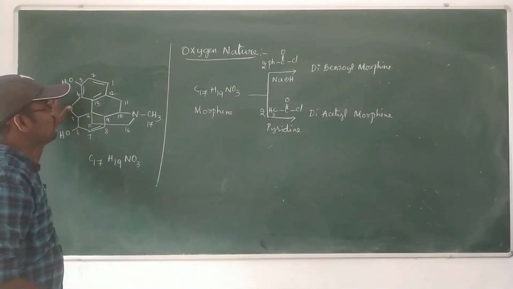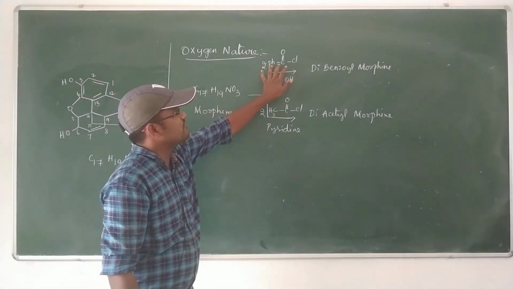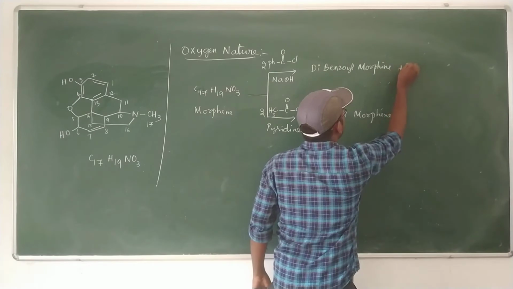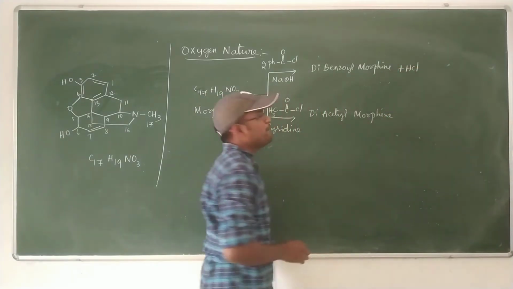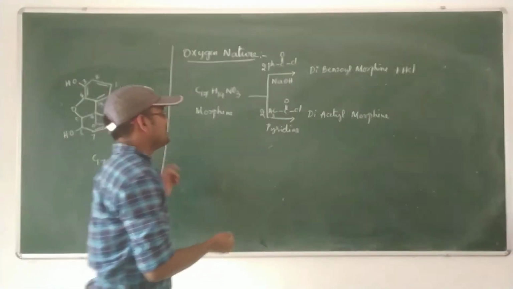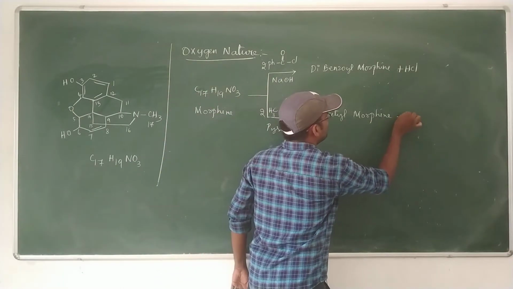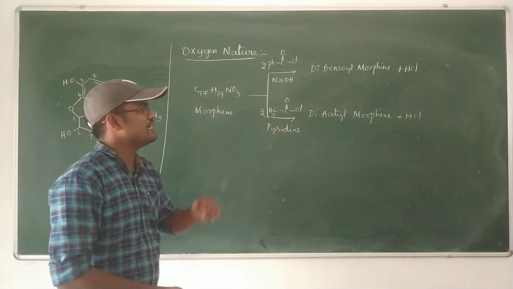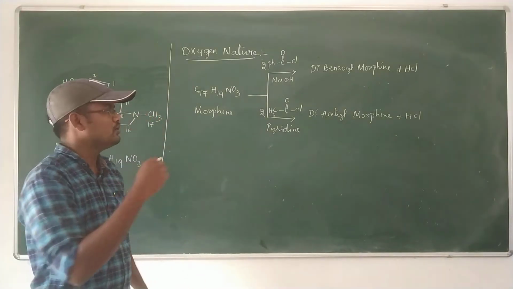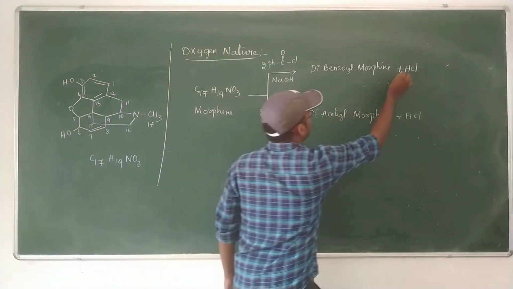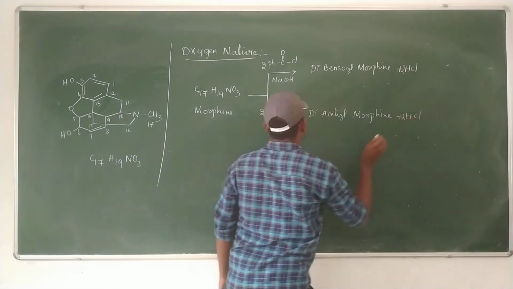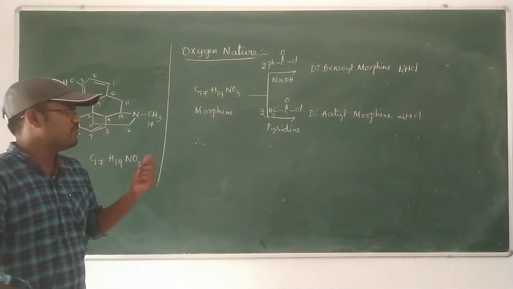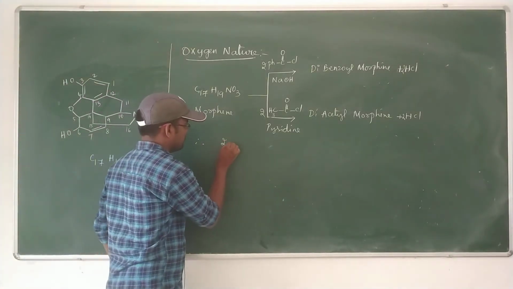These 2 OH groups when treated with 2 moles of benzoyl chloride result in dibenzoyl morphine plus HCl. Simply, hydrogen is replaced with PhC=O. In the second one also, when the 2 OH groups are treated with 2 acetyl chlorides they result in diacetyl morphine and 2 HCl. According to these 2 equations, morphine has 2 OH groups.